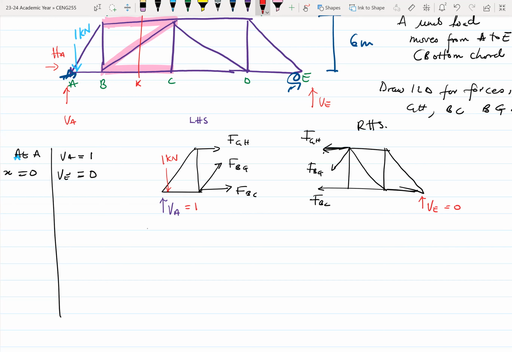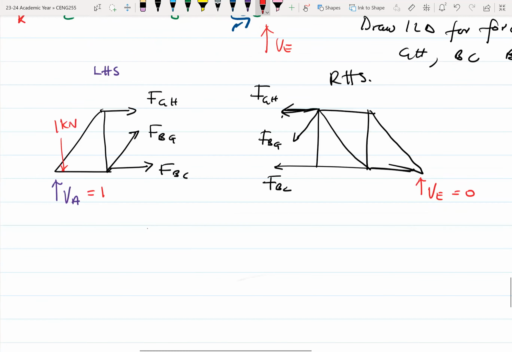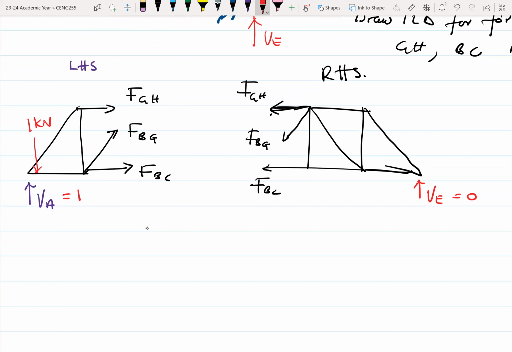At this point our unit load is on the left-hand side, so it's easier using the right-hand side to find the forces in the members FGH, FBG, and FBC. Let's say I'm using the right-hand side. It will still be the same thing anyway.